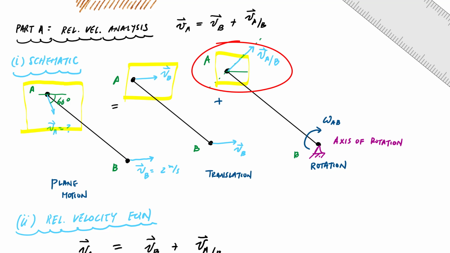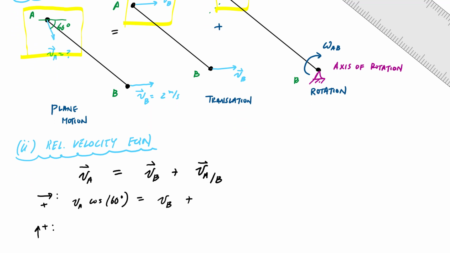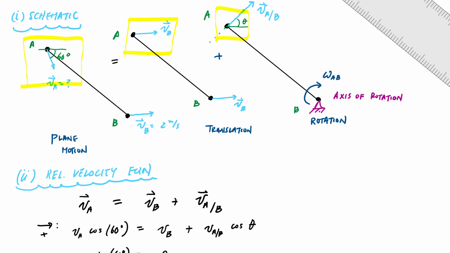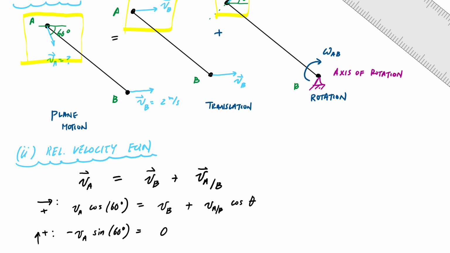I'll call this angle theta, and that will be VAB cosine of theta. In the vertical direction, I have negative VA sine of 60 degrees is equal to, well, B does not have a vertical component, so 0, plus positive VAB sine of theta.